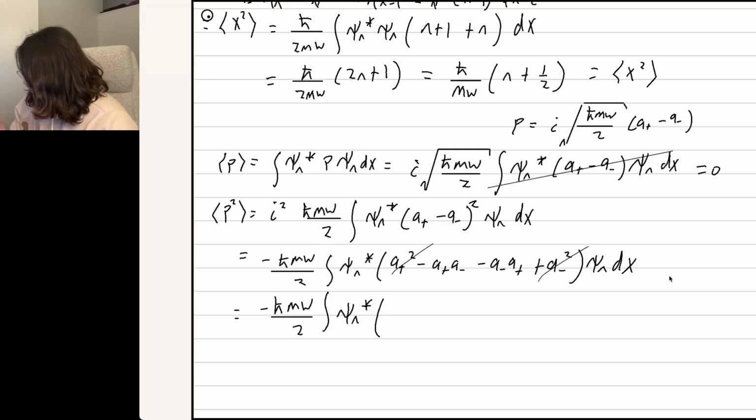It was actually just minus n psi n, minus (n plus 1) psi n.